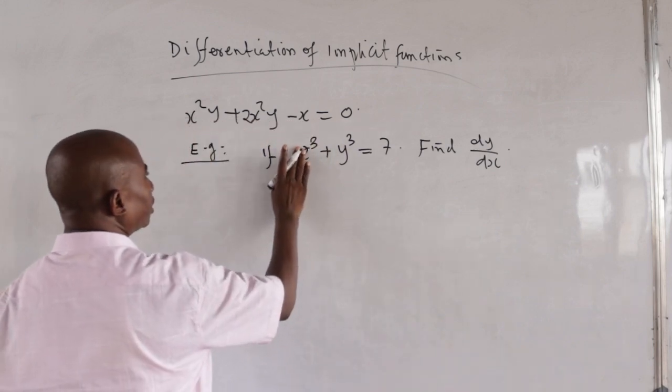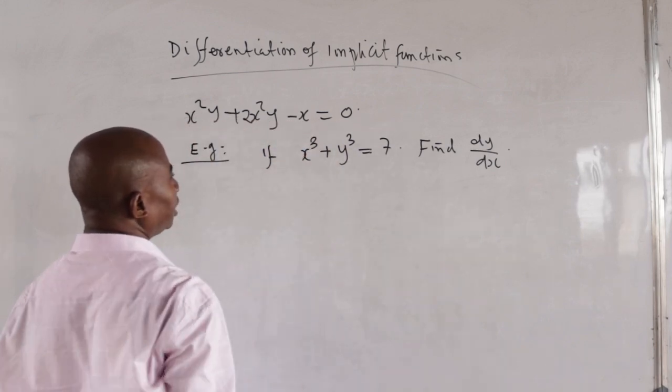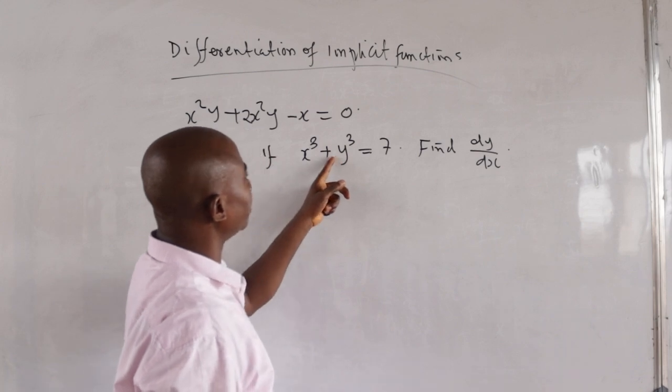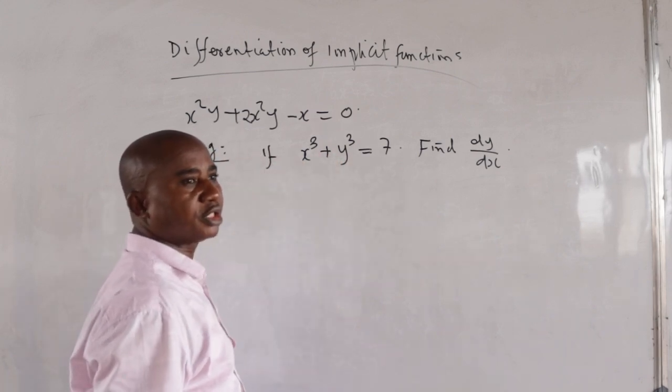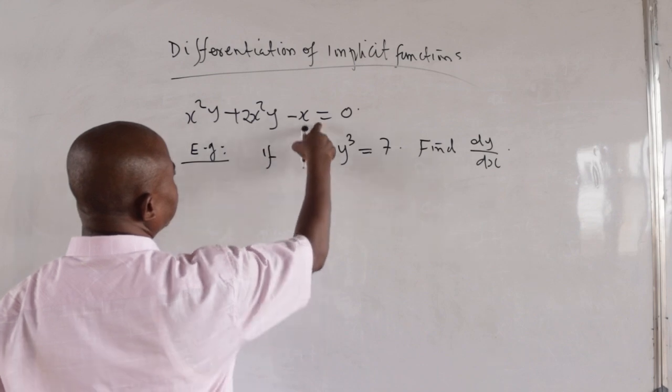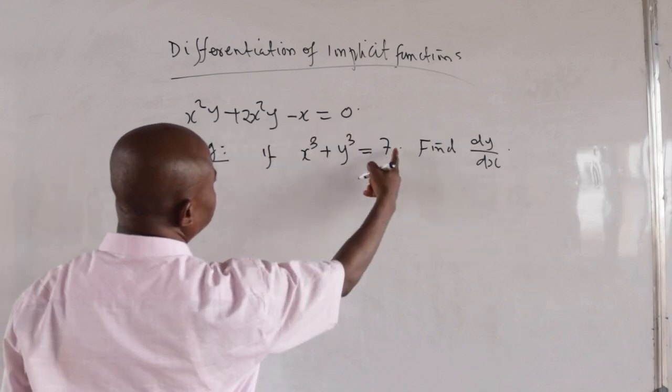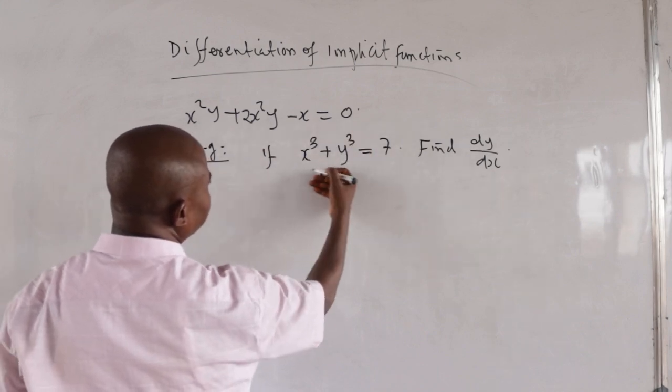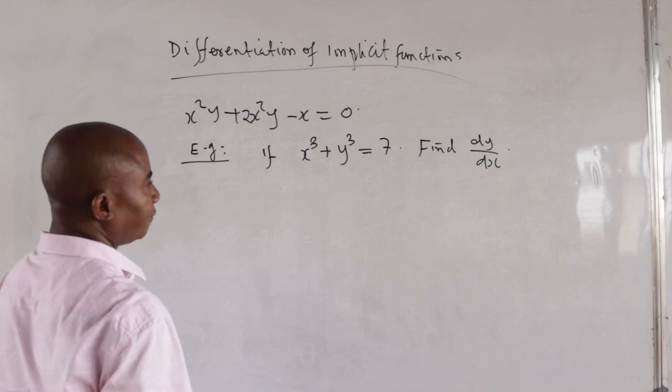If you observe closely here, you see that we're saying y is a function of x also, so this is implicitly defined. So we differentiate here, and what is applicable here is only the sum rule. Okay.